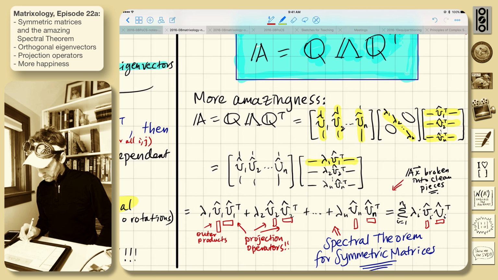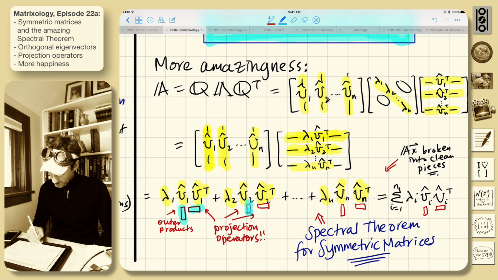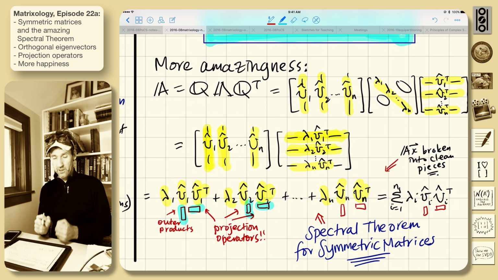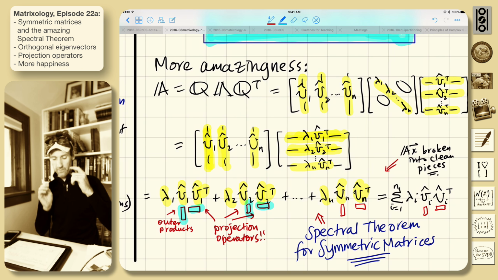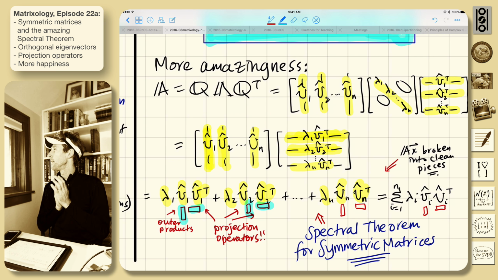And then we have column, row, over and over, right? It looks like these are outer products. Amazing. Which we know are actually projection operators, right? So little outer products, if they're made out of unit vectors, they're actually projection operators. This is the big deal here.